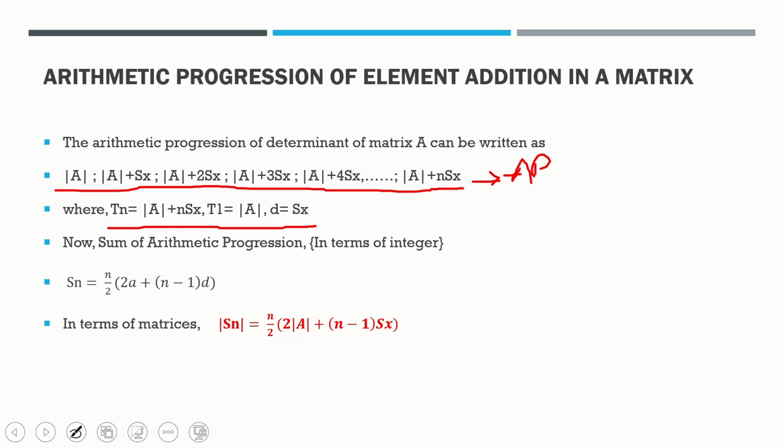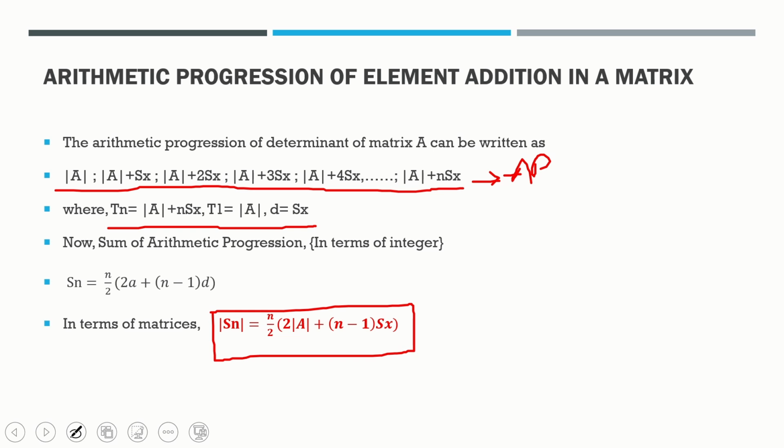Okay, in this case, we are taking Tn is equal to delta plus nSx. For this purpose, we are comparing here. These are the values for this purpose, and this is the sum of matrices.